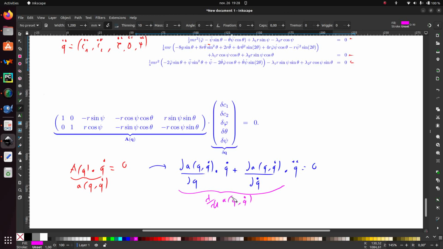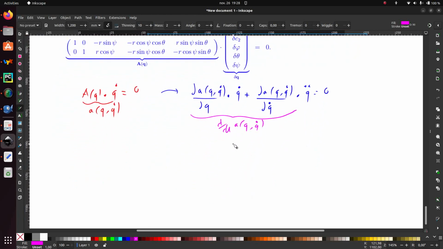So it means that now I have this equation. So I have 2 equations, and the first one is d of dt of a of q, q dot equals 0. So it is a vector equation but corresponding to 2 scalar equations, and the Euler-Lagrange equation, the q dot dot term minus tau of q and lambda, equals 0.